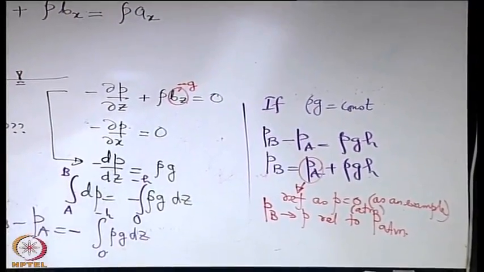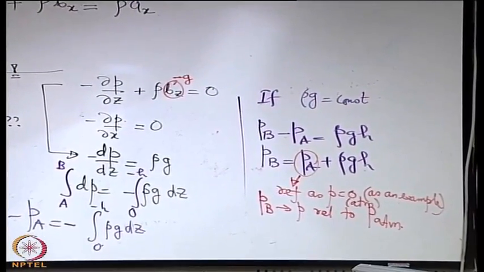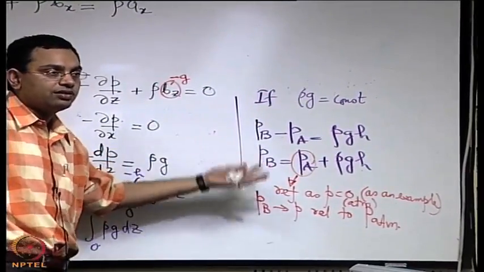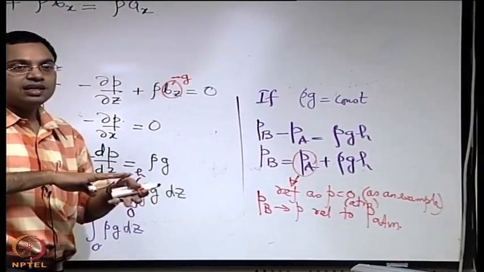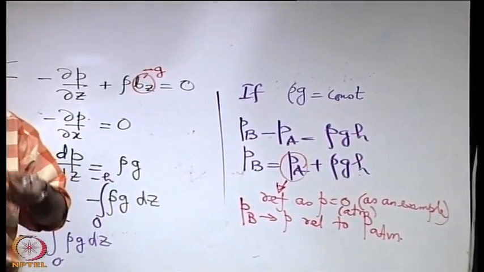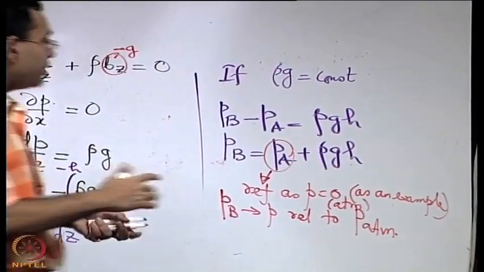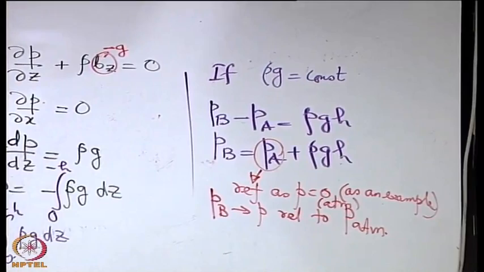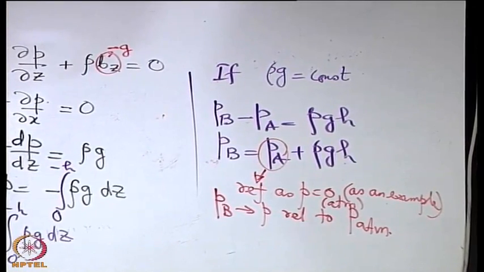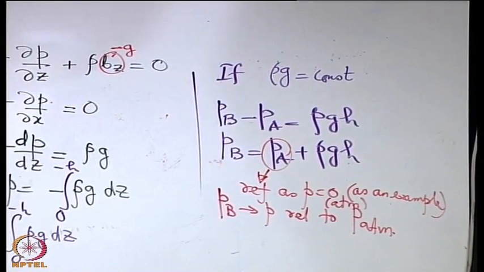It is not definitely equal to 0, but if you take P equal to 0, that is just the choice of your reference, so that you express any other pressure in terms of that as a reference. So any pressure which is expressed in terms of the atmospheric pressure is a relative way of expressing the pressure.